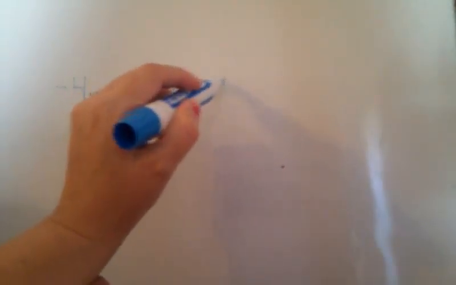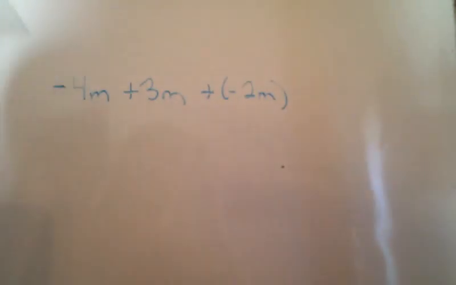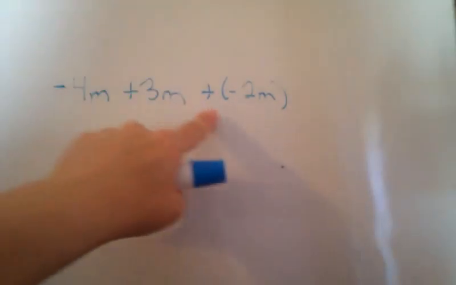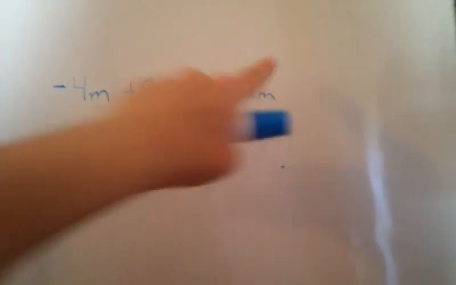We have minus 4m plus 3m plus negative 2m. Are these like terms? They all have m, so yes they are. If I have a plus and minus together, I just get rid of the plus, just get rid of the parentheses.